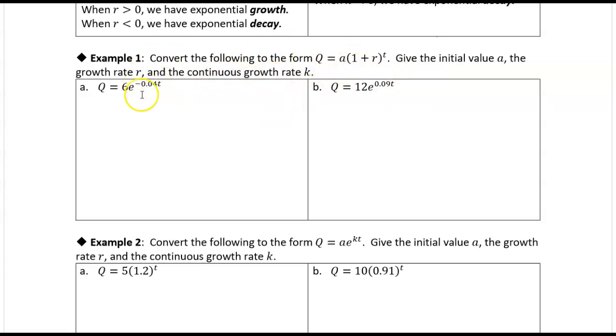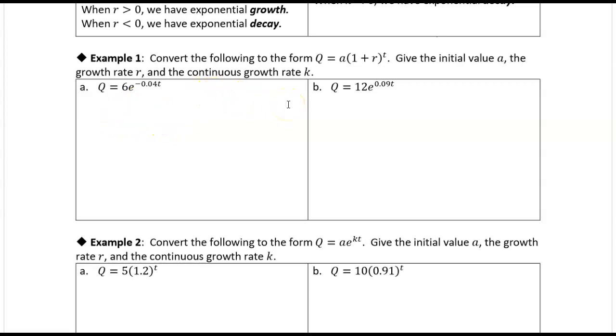Now, in your book, if they don't specify, if they just use the term growth rate or just growth, then they're referring to r. Only when they refer to a continuous growth rate do they mean k. So just keep that in mind.